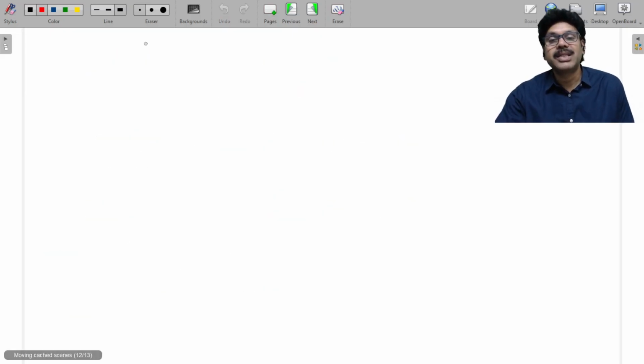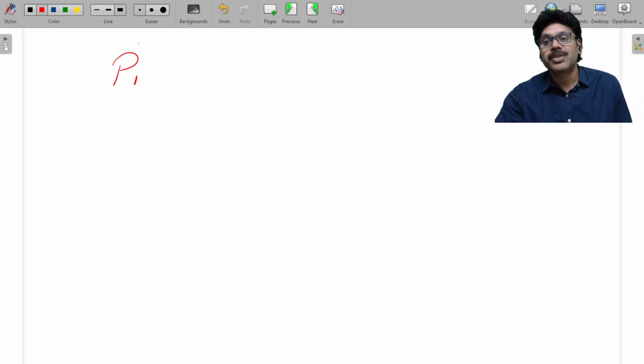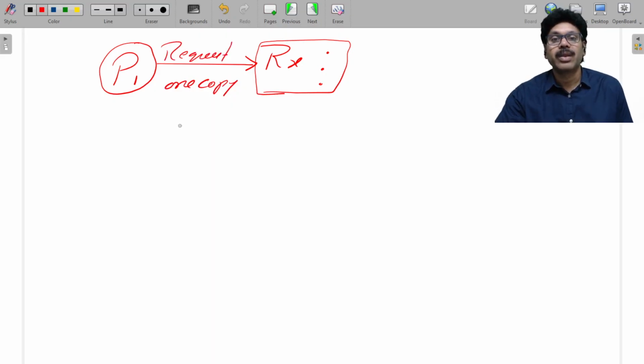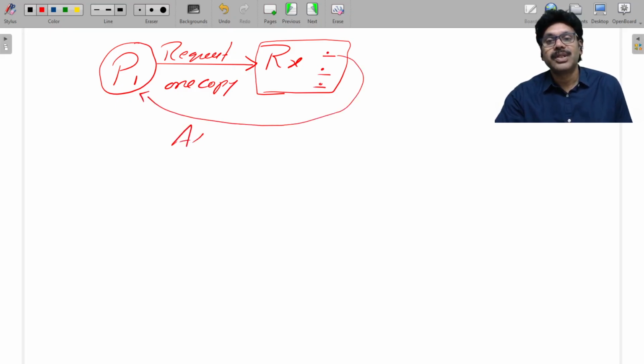And another basic terminology is process P1 is requesting with one arrow for resource Rx, and Rx has 3 copies. Process P1 is requesting for only one copy. So as there are 3 resources freely available, one can be given to P1. So it is assigned because they are available.